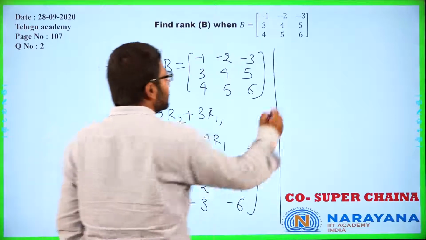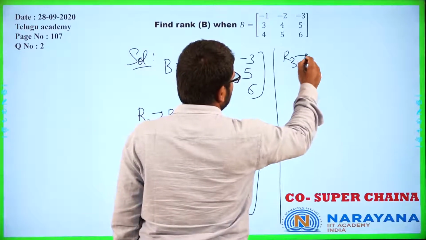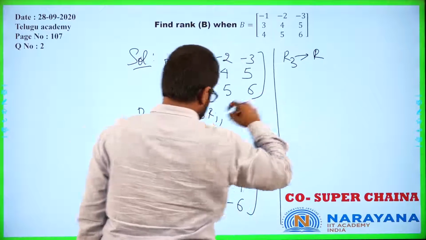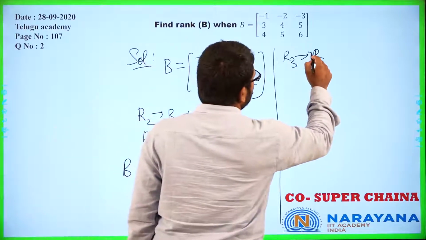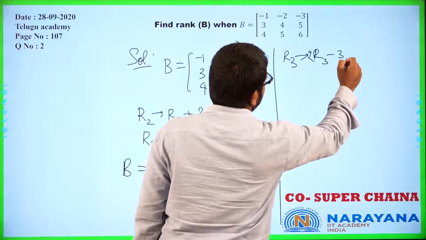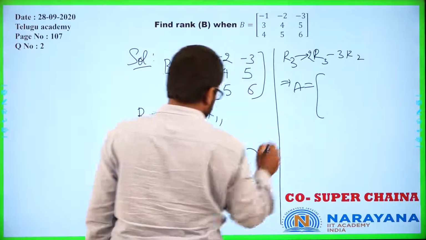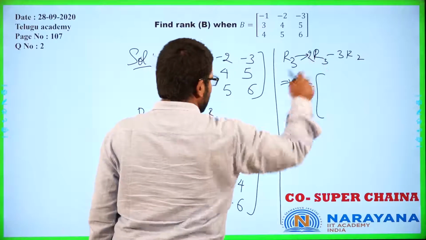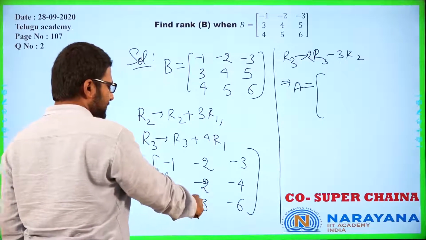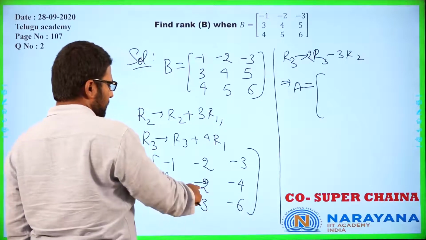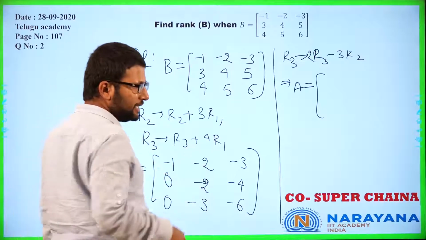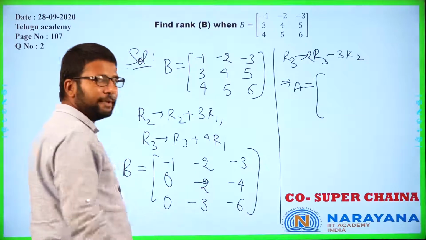How are we going to do that? We will say R3 goes to 2R3 minus 3R2. Why did we do 2R3 minus 3R2? Because multiplying this with 2 will give me minus 6 here. Multiplying this with 3 will also give me minus 6. That makes sure that this element becomes 0.